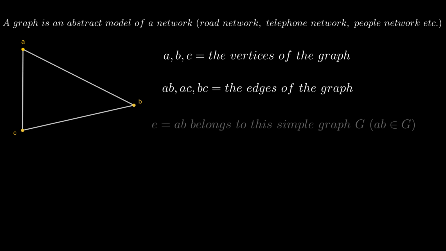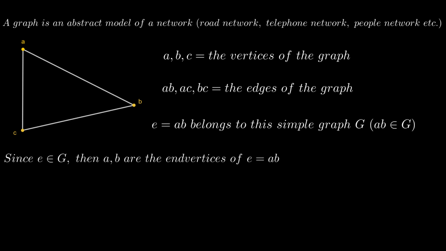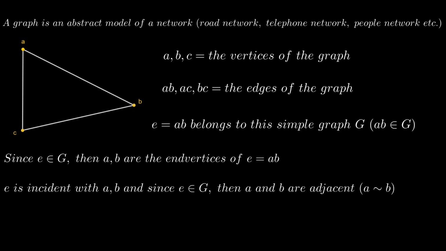So the edge E, AB, for example in our simple graph below, belongs to the graph, the connection between the vertices A and B. Since E belongs to the graph, then A and B are called the end vertices of E. We say that E is incident with A and B, and that A and B are adjacent since there's an edge connecting them. And this is a notation we use here to say A and B are adjacent.